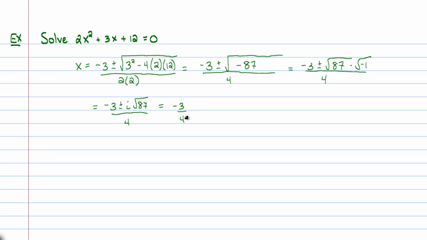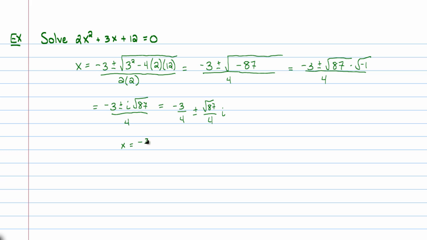That's negative 3/4 plus or minus root 87 over 4, all being multiplied by i. And that's complex number form. And notice that the solutions are conjugates.